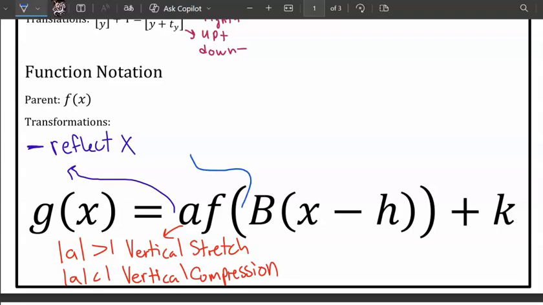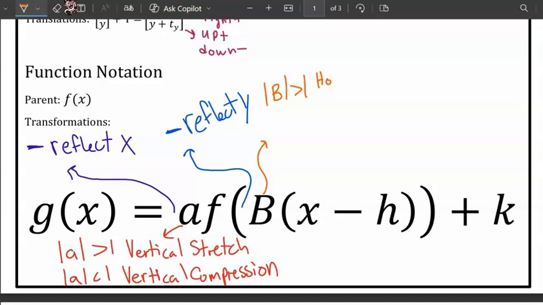If there is a negative outside of the b, you would reflect across the y-axis. And then for the b, if not counting the negative sign, that b is greater than 1, it's a horizontal compression.